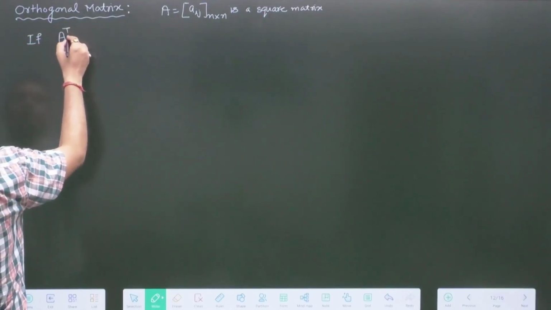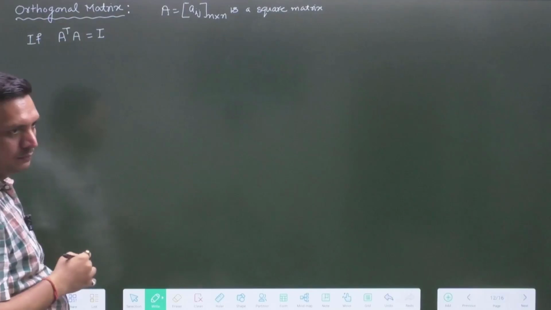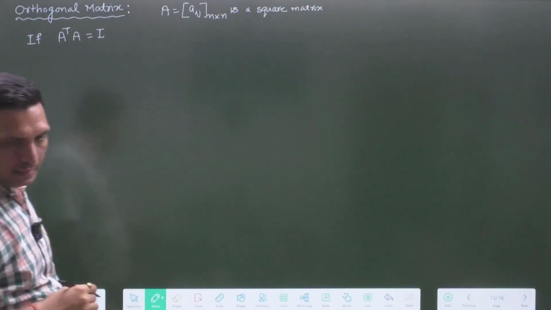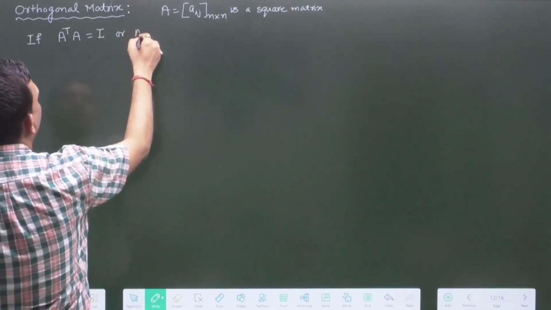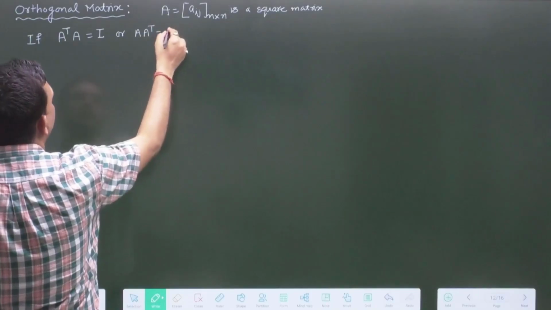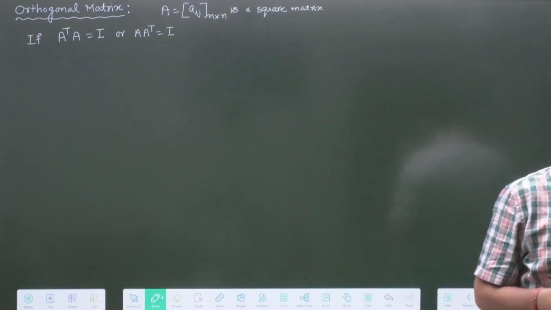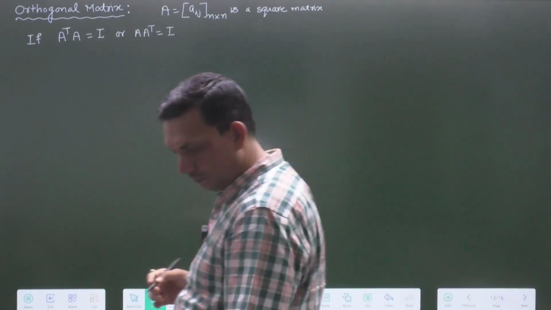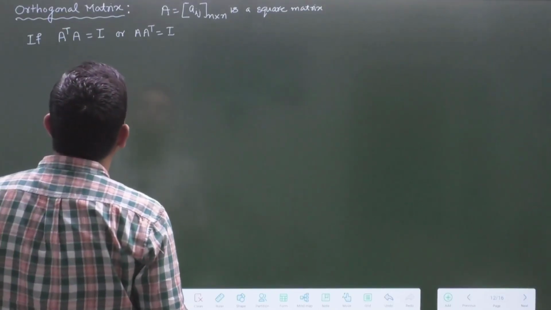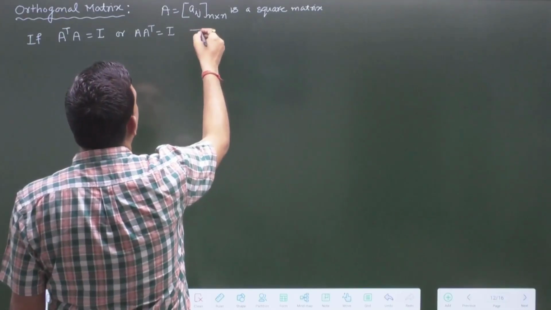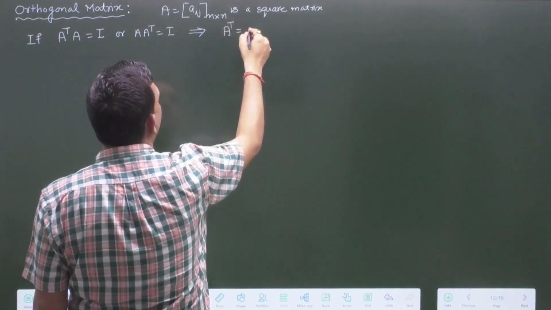So if A transpose A is an identity matrix, or A into A transpose is identity, and this also implies A transpose is A inverse of a matrix.